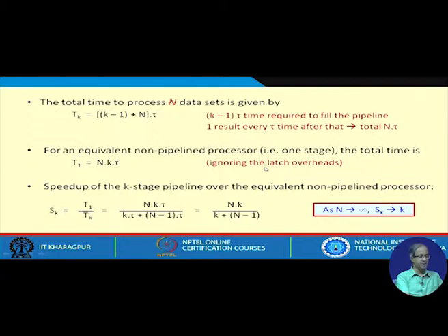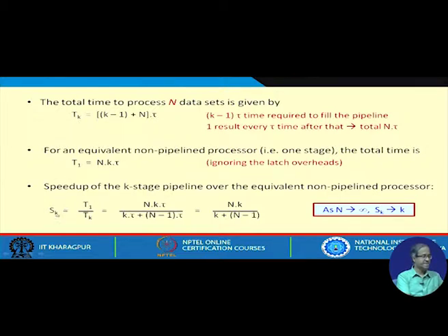Here of course I made an assumption that all stage delays are equal and the latch overheads are ignored. But still this will help us to make a very fair comparison. Let us see how much improvement we are getting by pipelining.